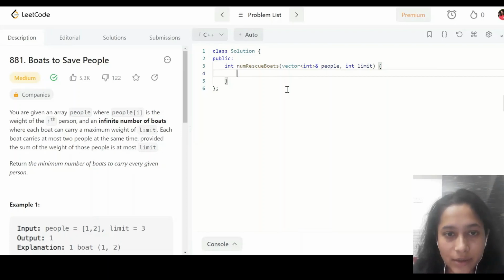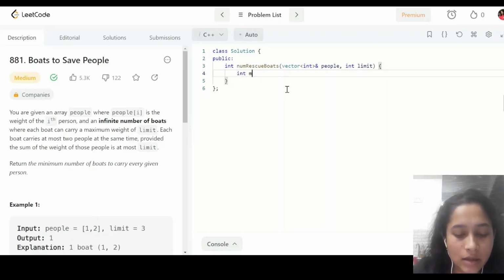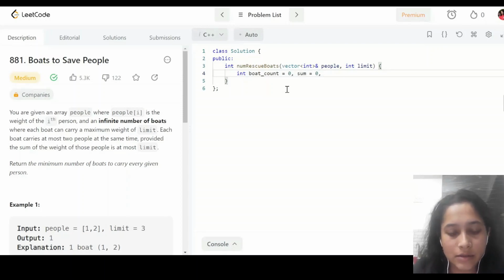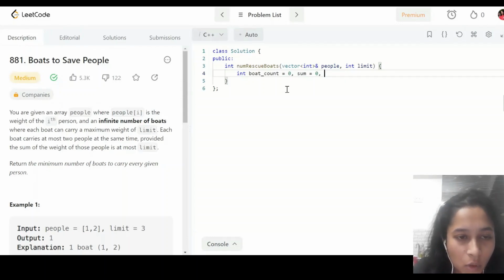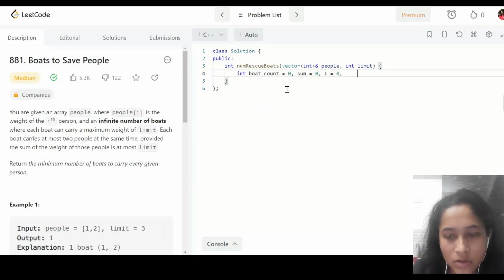Now the coding part. I'll initialize boat_count as 0. Then I'll also initialize sum as 0 and another variable called L equal to 0 and H equal to people.size() minus 1.